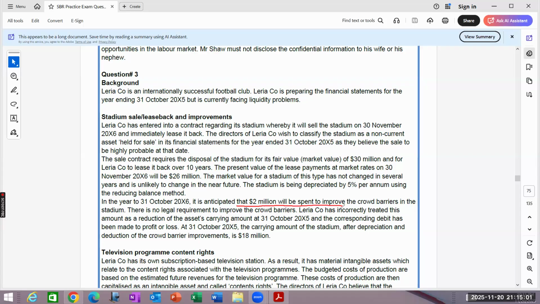They treat this as a reduction in the carrying value of the stadium, and after reducing that value they have a carrying value of 18 million.